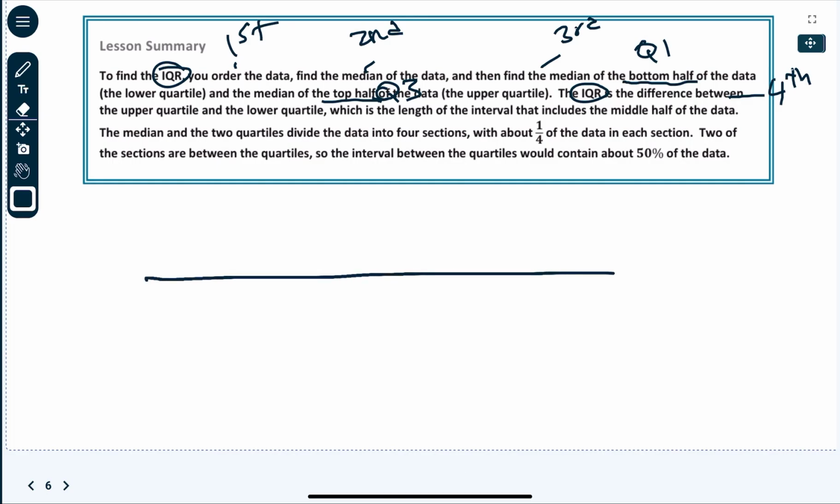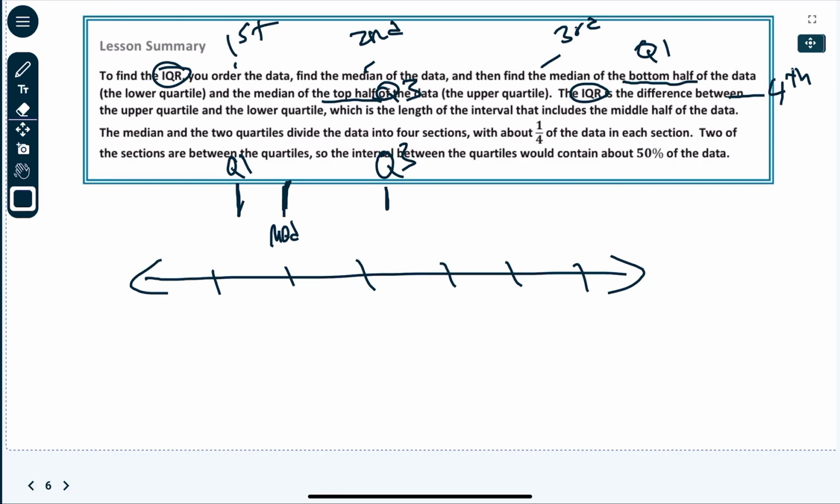So I'm going to show you what we're going to do here. We're going to start having some dot plots here. Okay, we got some type of values down here. Doesn't matter. But you're going to start drawing what's called a box and whisker plot. You're going to start by drawing the median down here. This is the median. Then you're going to find the Q1. This is Q1. And let's say down here is Q3.